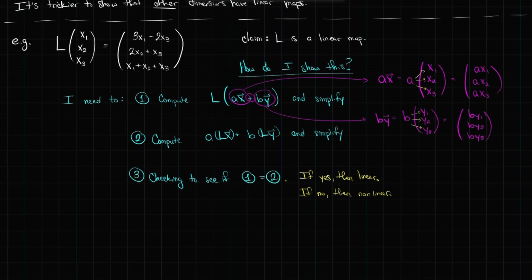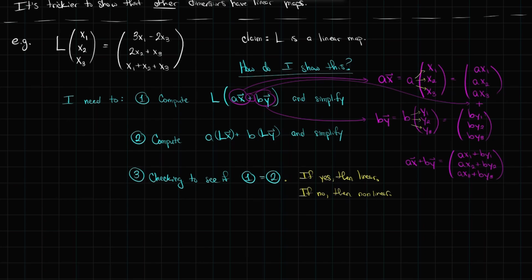Finally, there is the addition occurring between these two. So adding my vectors entry by entry, I get ax1 plus by1, ax2 plus by2, ax3 plus by3.